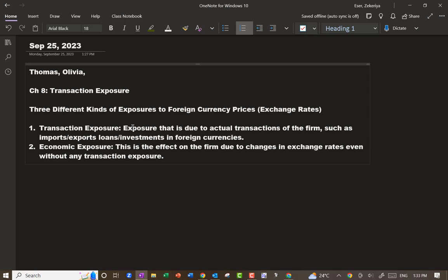We talked about this kind of exposure in the beginning of the class to kind of motivate why we think we should treat international finance as a separate field. Even if you're a firm that has no foreign currency business, you don't import, you don't export, all your workers are in the United States, all your inputs are from US sources, and you only sell to the US, you don't even know what Japanese yen looks like. But you're still affected.